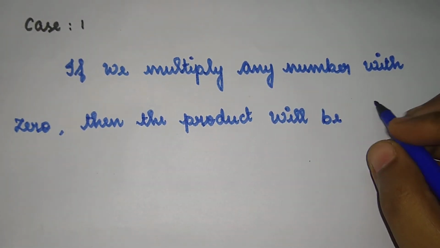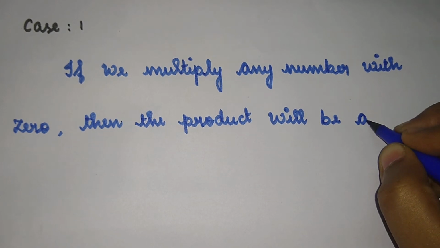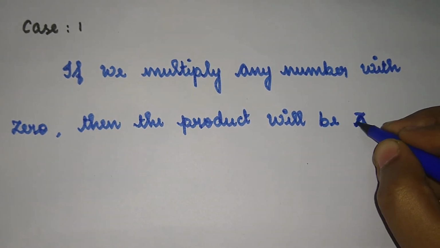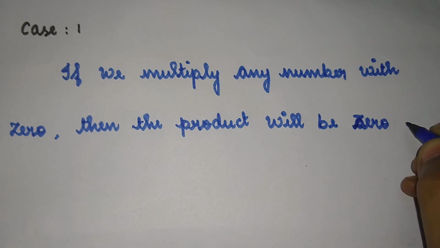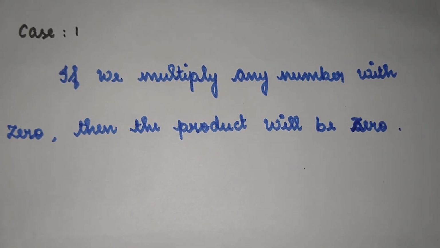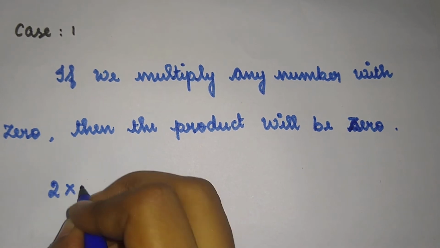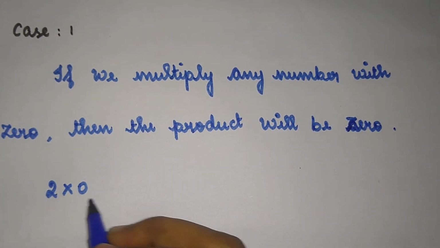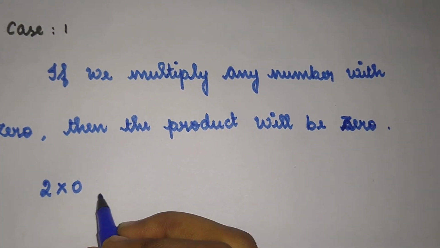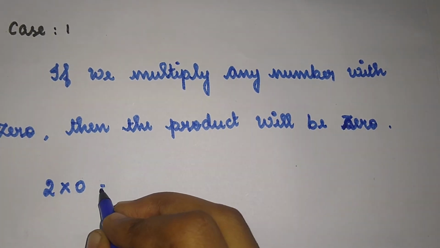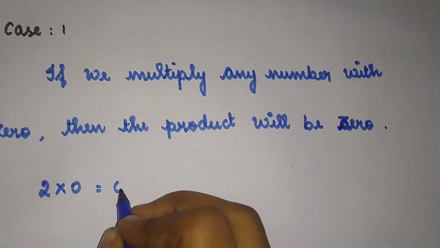If we multiply any number with 0, then the product must be 0. Okay, let's take an example. 2 into 0. Anything multiplied by 0, the answer will be 0. So 2 into 0 is 0.